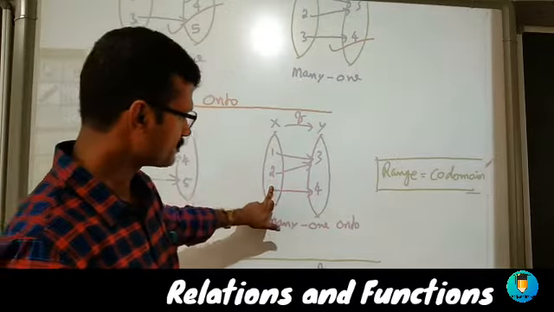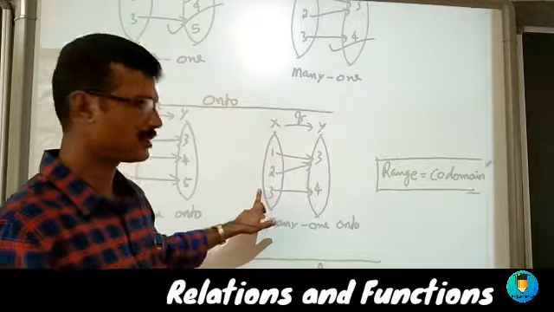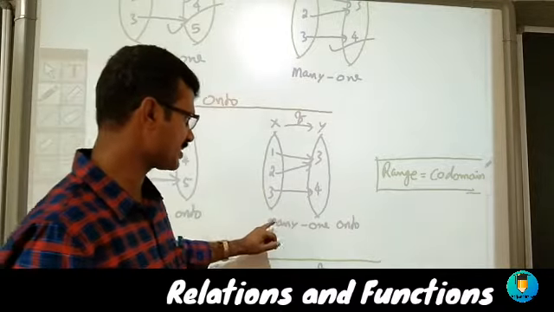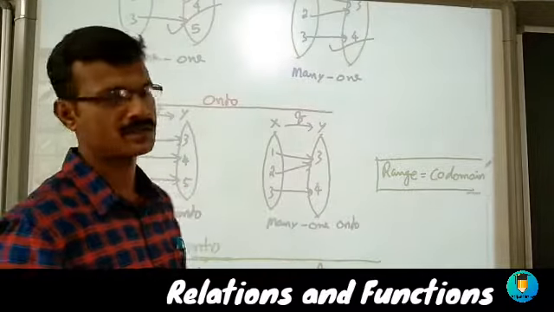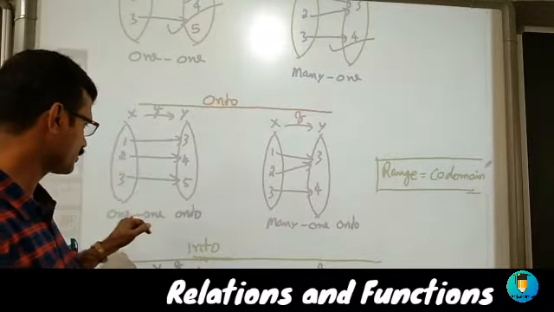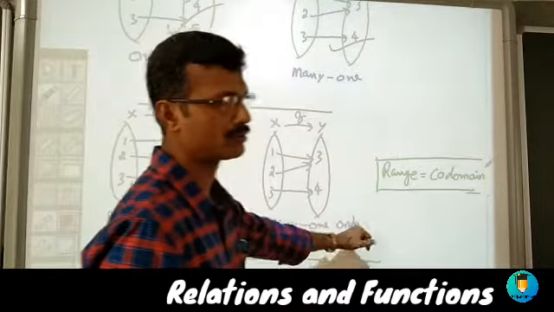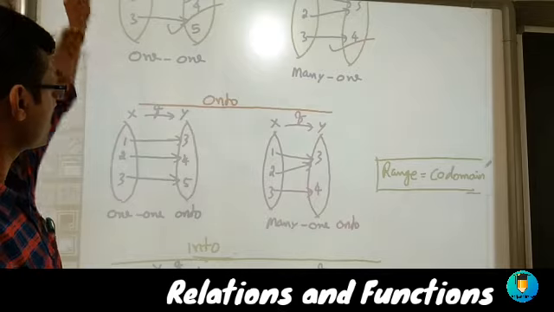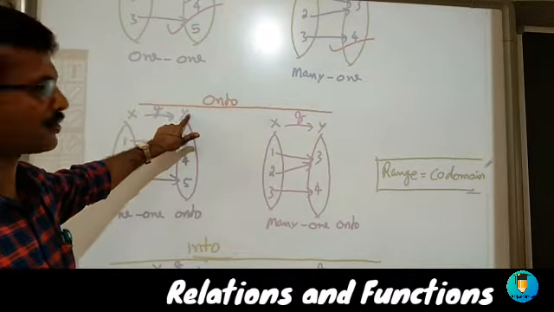Now this one also, if you observe, all the elements of y have pre-images, so we can say it is a many-one onto function. So an onto function can be in two forms: one-one onto and many-one onto. And one more thing: in a function defined from x to y, y is known as the codomain.